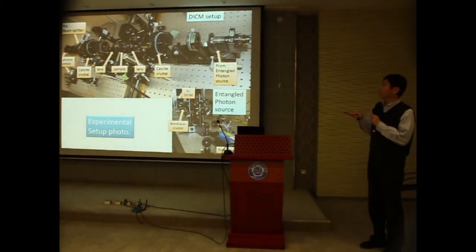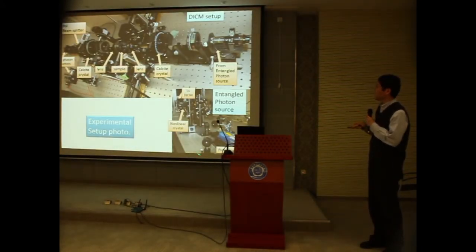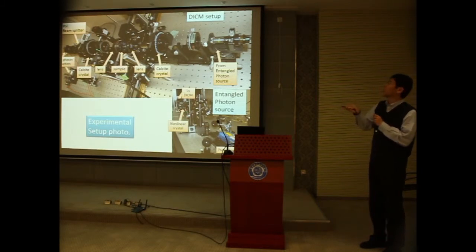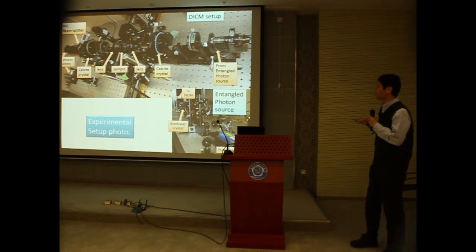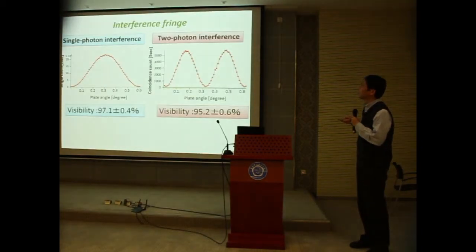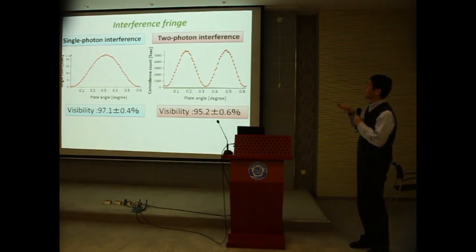And this is the actual setup we used. This is the entangled photon generator, and this is the ICM setup. But please note, this can in principle be easily replaced with an actual optical microscope. And these are interference fringes we observed for single photon interference and two-photon interference using the setup.